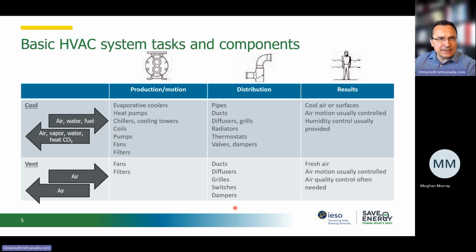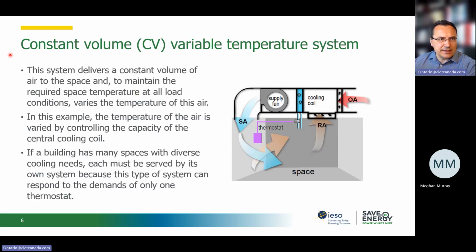Very popular in small industrial facilities are HVAC systems designed based on this principle of constant volume with variable temperature supply. In these systems, as presented in this simple diagram on the slide, we transfer air using a supply fan.